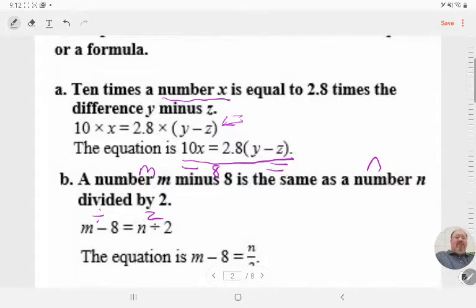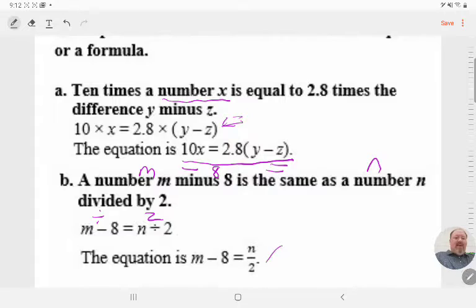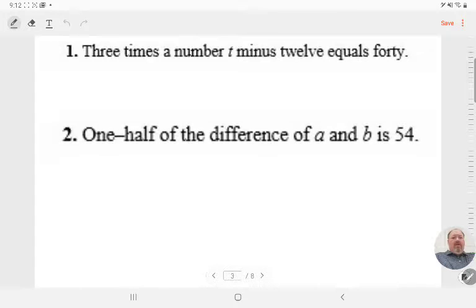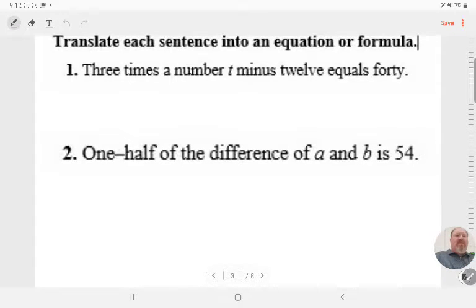And then I could put it all together, m minus 8 equals n divided by 2, and I could also write it like this right here, n over 2, okay? All right, so you try these 2 and then come back and see how you did.